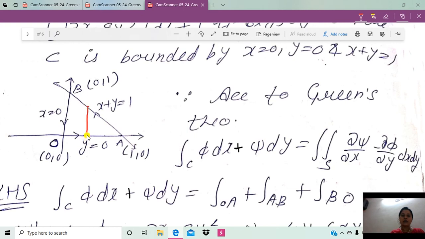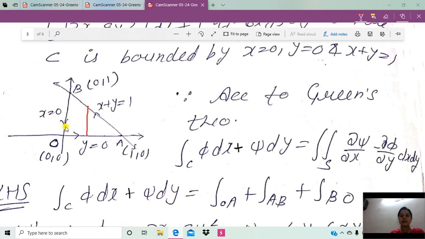The lower limit of y is on the x-axis, and here the value of y is 0, and this is the upper limit, and here the strip touches the line x plus y is equal to 1. So this is the line x plus y is equal to 1, and from here the value of y will be 1 minus x. So the limits of y will be from y is equal to 0 to y is equal to 1 minus x.